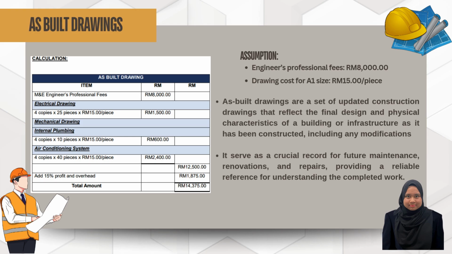To obtain the cost for this item, the cost of engineer professional fees, electrical drawings and mechanical drawings are included. The fee of professional engineer is 8,000 ringgit per month, and the cost for A1 size is 15 ringgit per piece. So the subtotal will be added with 15% profit and overhead that costs 14,375 ringgit.